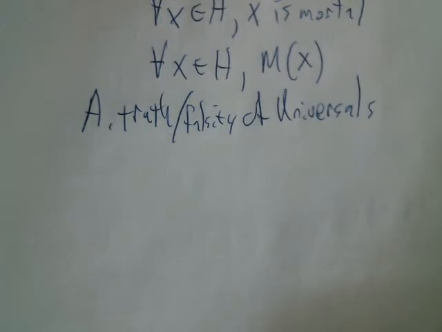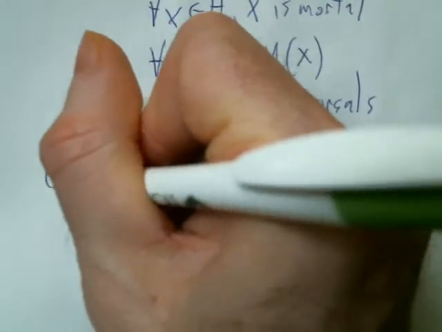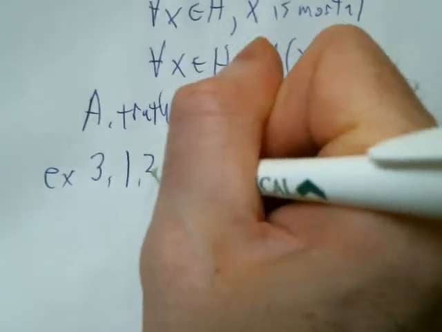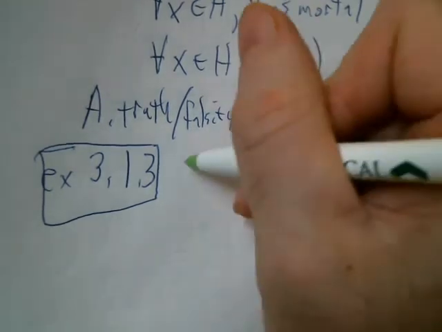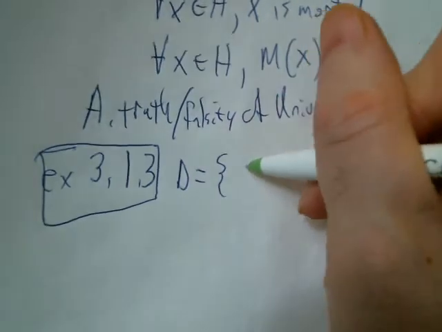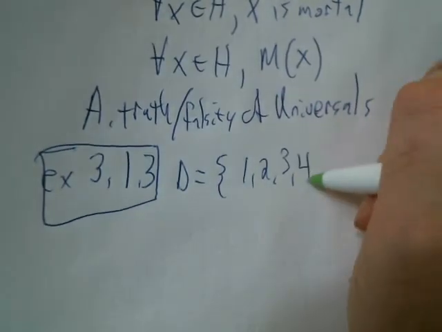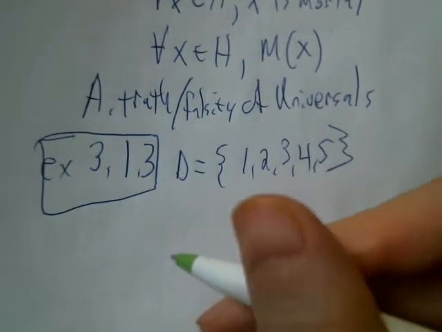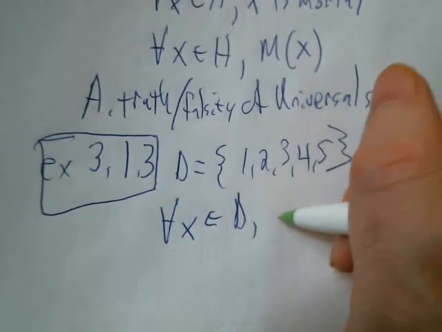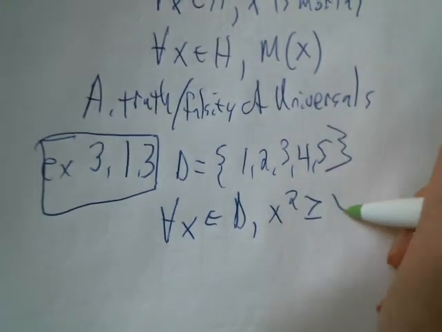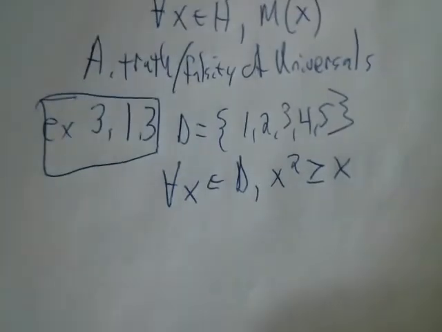Yeah, I think it's still the same. This is example 3.1.3. Our domain is the set 1, 2, 3, 4, 5. The statement is for all x in D, x squared is greater than or equal to x. We want to know if that's true or false.